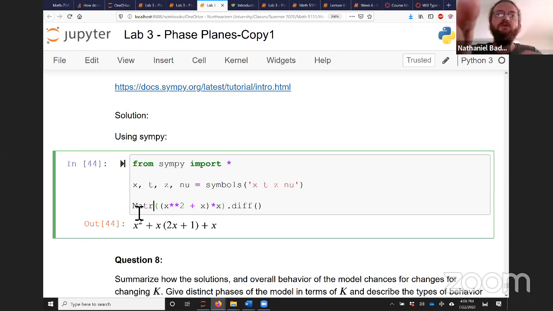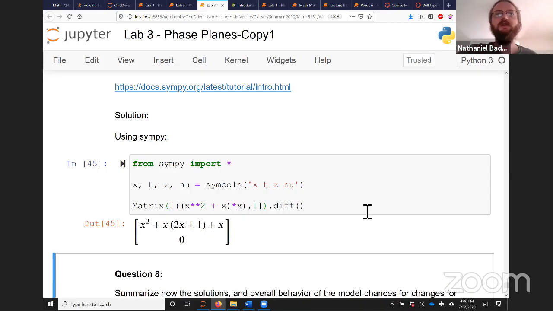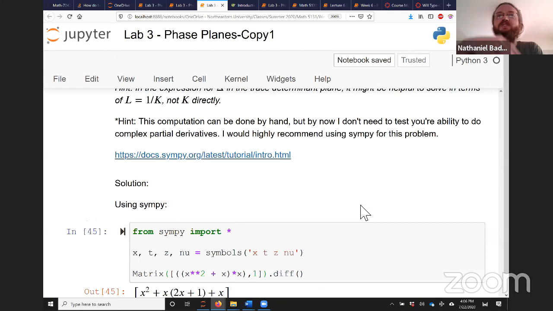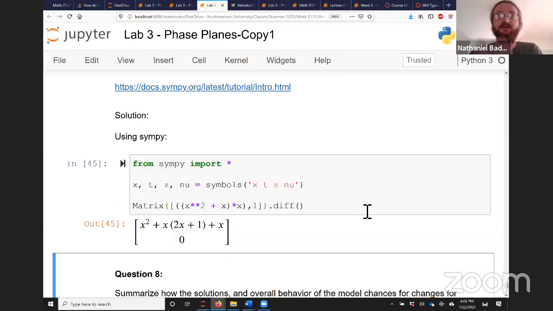So if you want to make a matrix as an example, and take the derivative of everything in the matrix, as you may want to do when taking the Jacobian, this is a much simpler way to do it and allows you to keep track of everything nicely and symbolically. You don't have to do this. It might take you less time to just do it by hand than to learn SymPy.